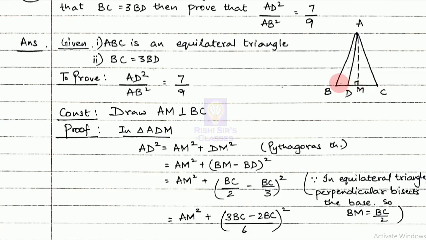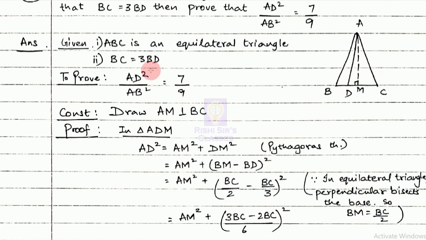DM is equal to BM minus BD, so we can replace DM with BM minus BD whole square. What is BM? BM is BC upon 2, because we know that in an equilateral triangle the perpendicular bisects the base. So BM will be equal to BC upon 2 and BD is BC upon 3.